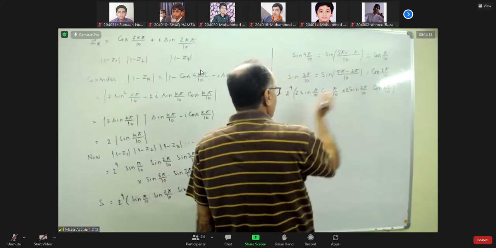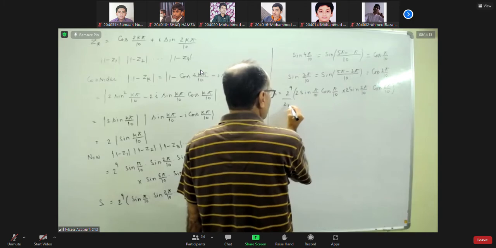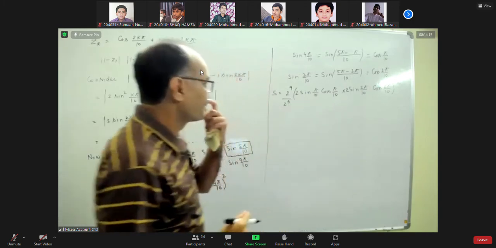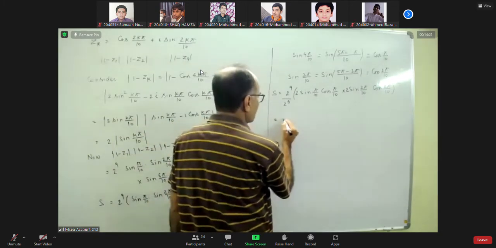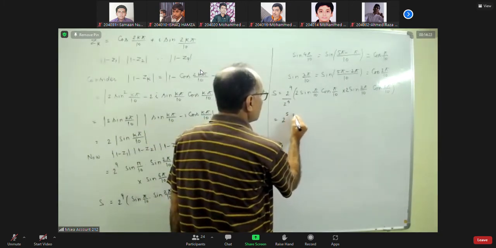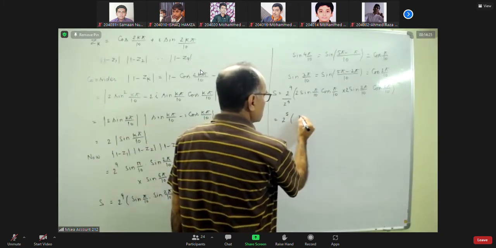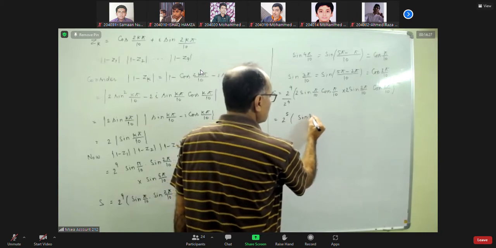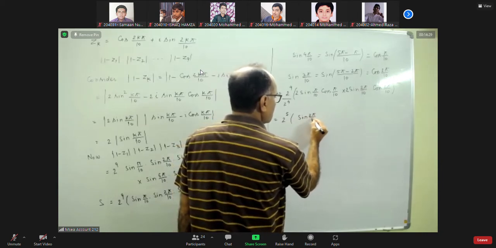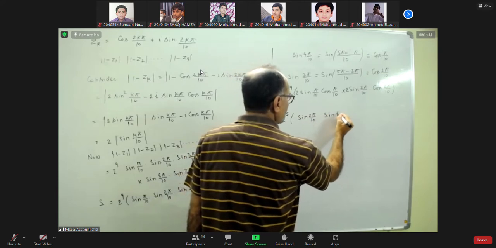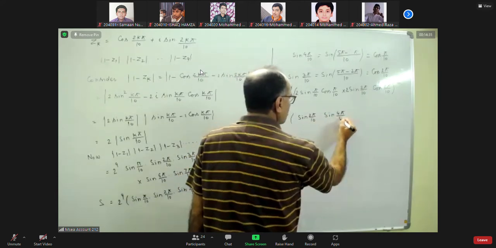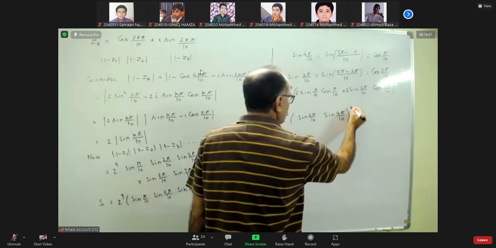2 to the power 4 divided by 2 to the power 4. Correct? 2 to the power 5 into sine 2 pi by 10 into sine 4 pi by 10, whole square.